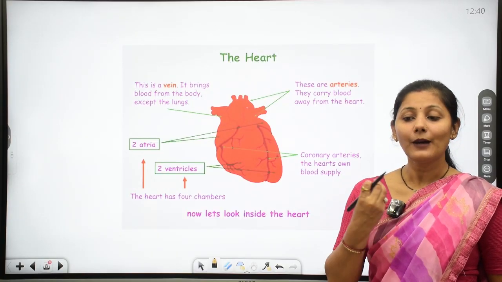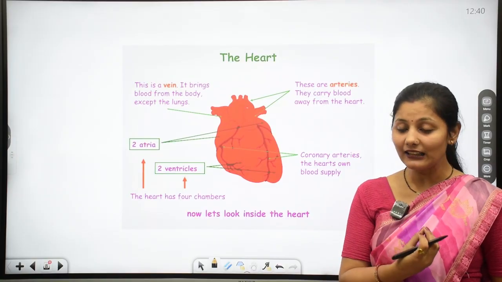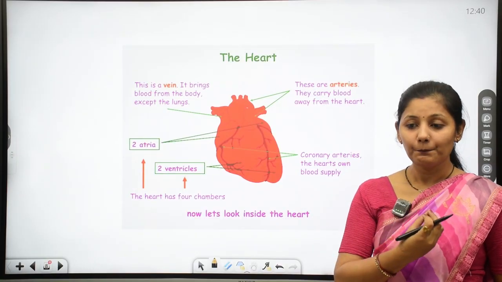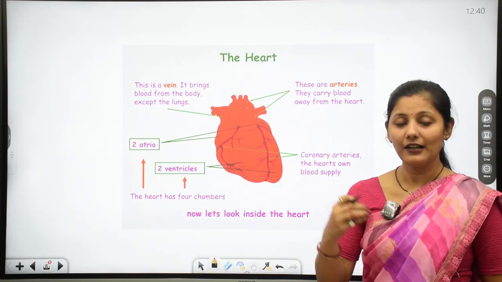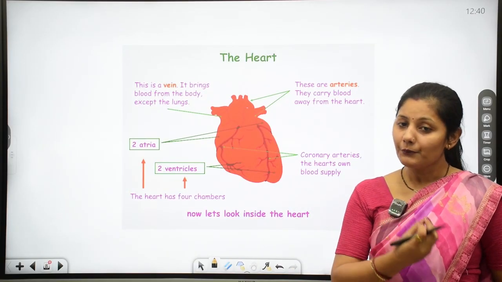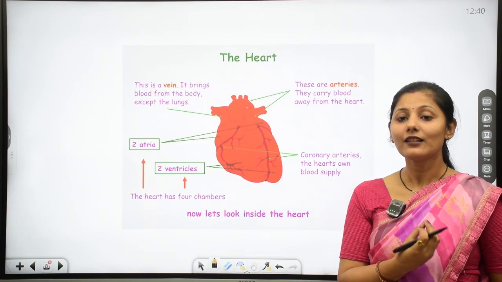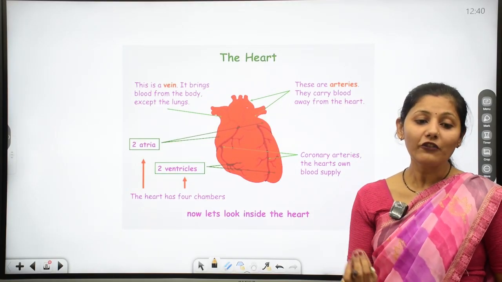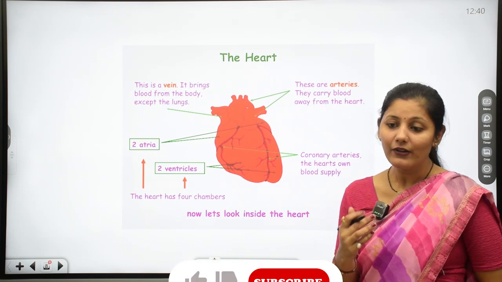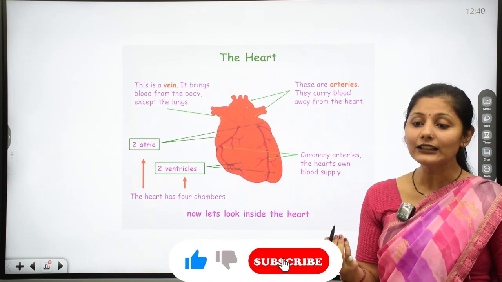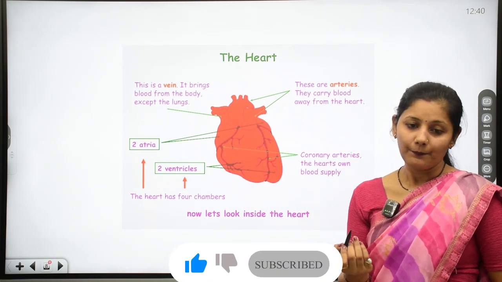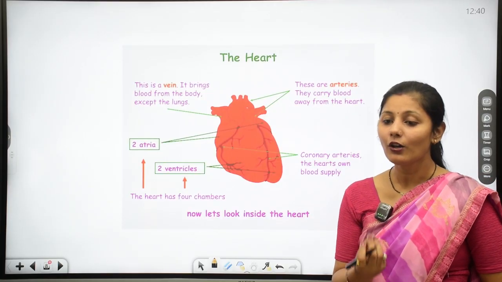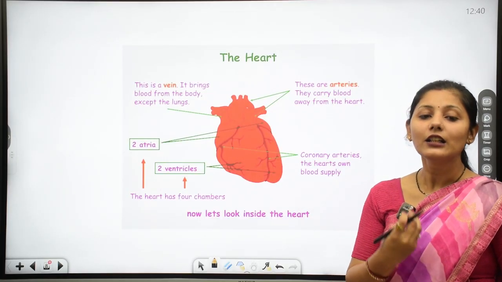Because the sinoatrial node, which we will discuss later, is situated on the right side of the right atrium, and it generates the electric impulses which are responsible for creating the heartbeat, and it is slightly left side. That is why we feel the heartbeat on the left side of our chest.